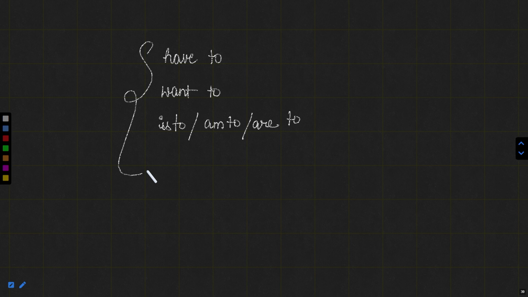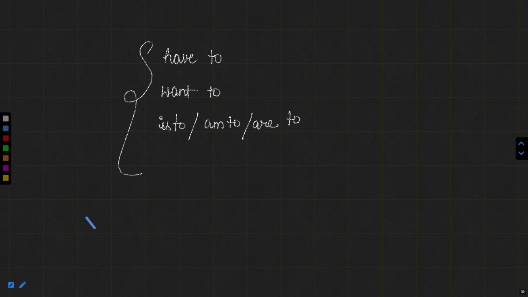But if I say I want to do this, it means it is my will. It is my desire that I want to do this. I want to do this happily. But if I say I am to, he is to, they are to, it means... Now, whenever we have to do some work, let me take some example.